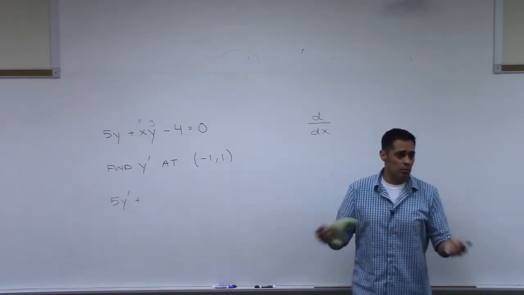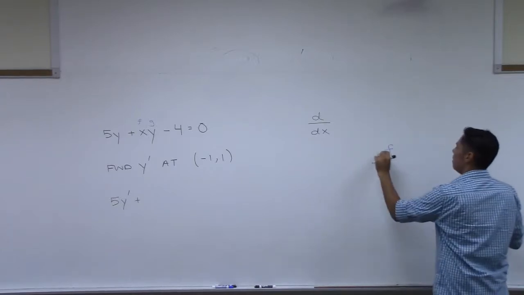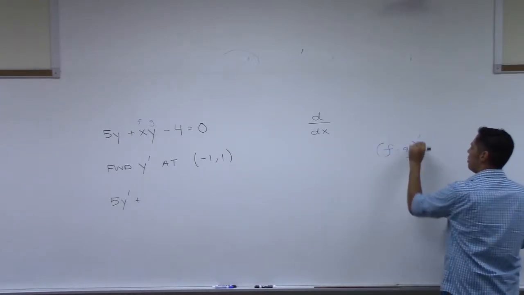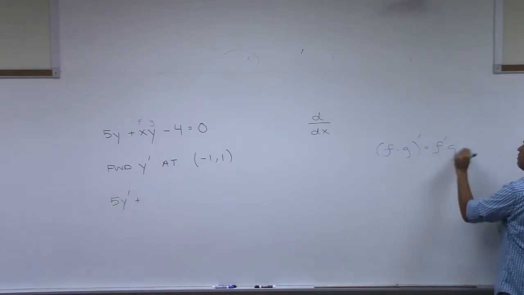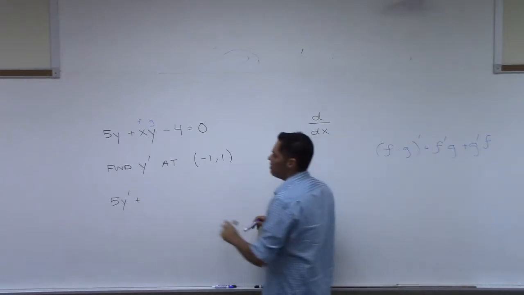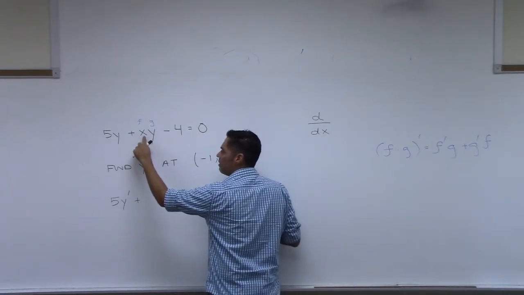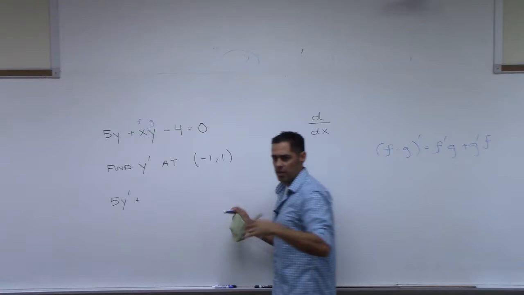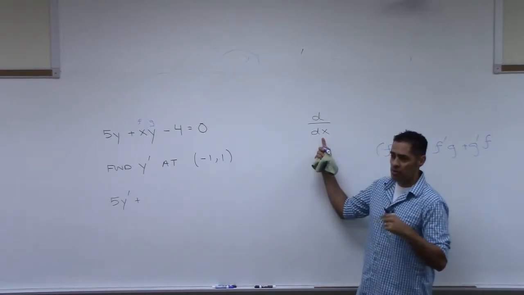So now we have to apply the rule. And the rule is, if you have multiplication, the derivative is f prime g plus g prime f, right? That's our product rule. So we go about this one at a time. We first start with taking the derivative of x, which is 1, because again, we're differentiating with respect to x.